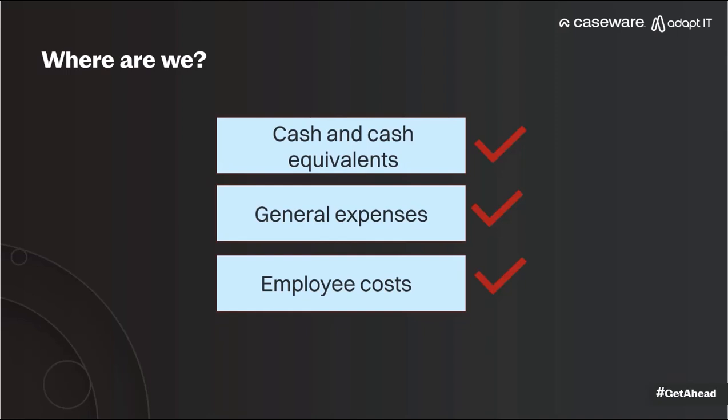You would have downloaded the Caseware file from the Success community as part of your learner resources for Level 1, with a lot of supporting documents and things as the client would normally have given you, and you would then have started to complete some of the audit work for both cash and cash equivalents, general expenses, and employee costs. Today we are basically just going to continue with those parts.